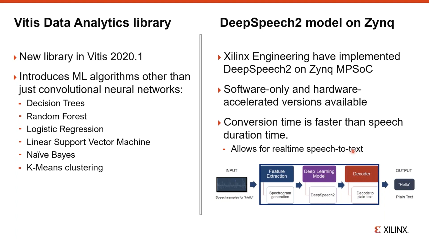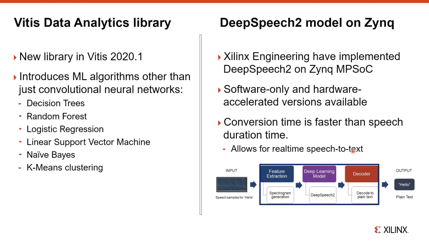We do have a new library as part of those Vitis libraries that I was talking about, and that's the data analytics library that was introduced with Vitis 2020.1, the latest release. And that introduced some other machine learning algorithms. So in the data analytics library, we now have decision trees and random forests and other things like k-means clustering and so on.